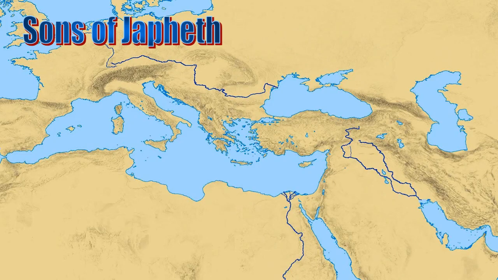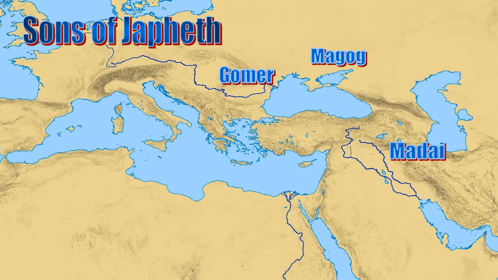The sons of Japheth are mentioned now. And we have Gomer, who, according to Josephus, settled in sort of central northern Europe. We had Magog. Josephus describes them as the people, the Scythians, who settled to the north of the Black Sea, the area that we think of as the Ukraine today.